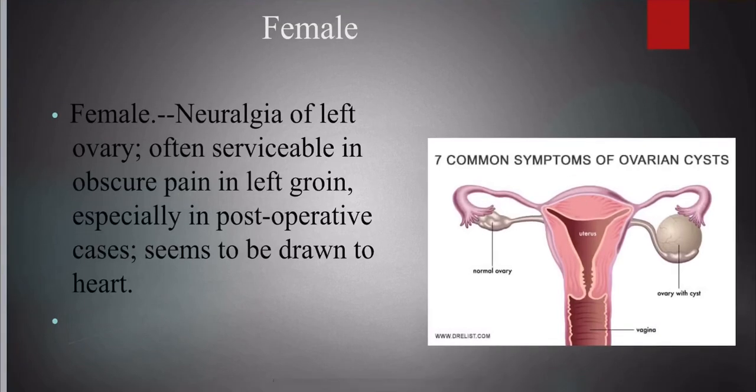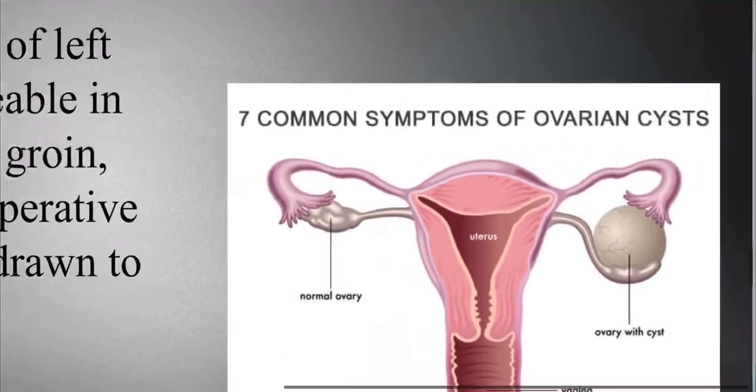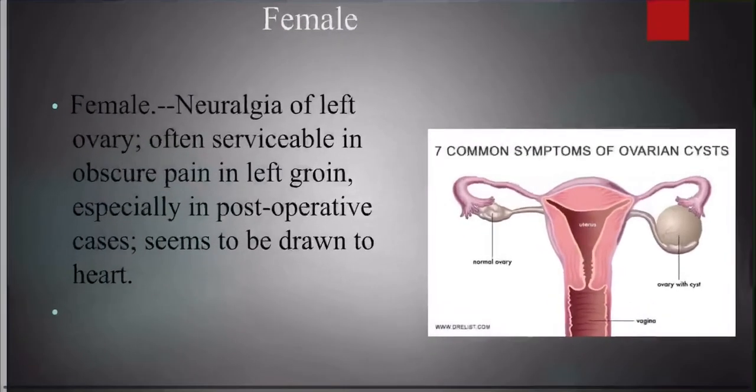Neuralgia of left ovary, often serviceable in obscure pain in left groin, especially in post-operative cases, seems to be drawn to the heart. So guys, neuralgia of the left ovary will be there. Neuralgia happens because of nerve damage.